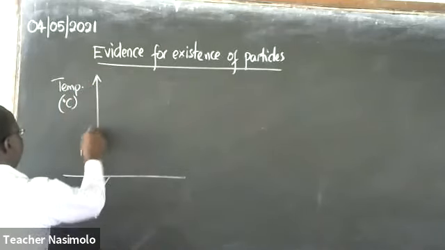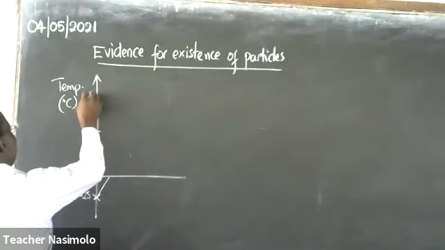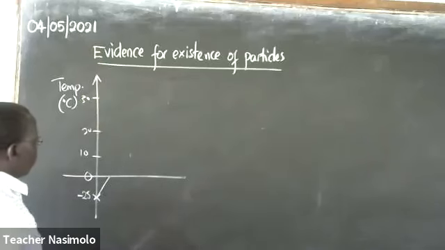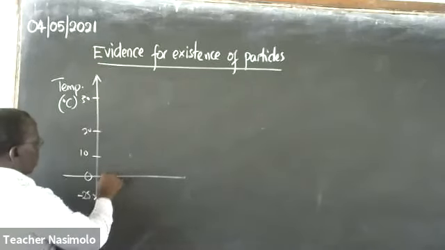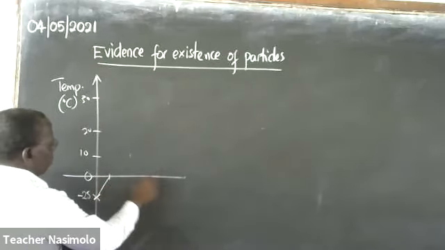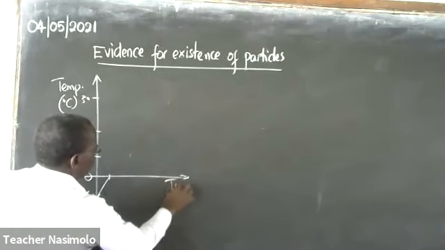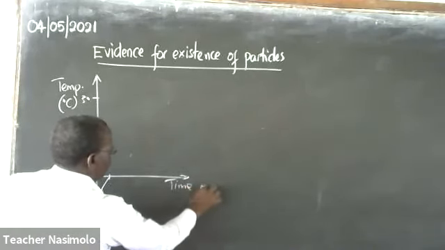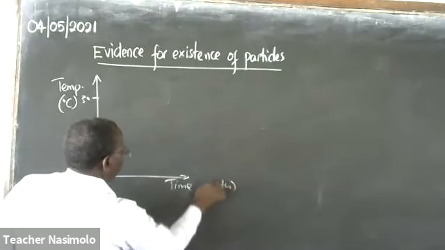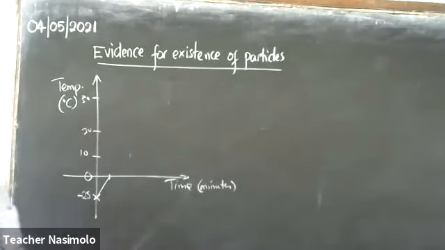This is 10, 20, and 30, and so on and so forth. Then this one here represents the time. It will be in minutes, or it can be in hours.